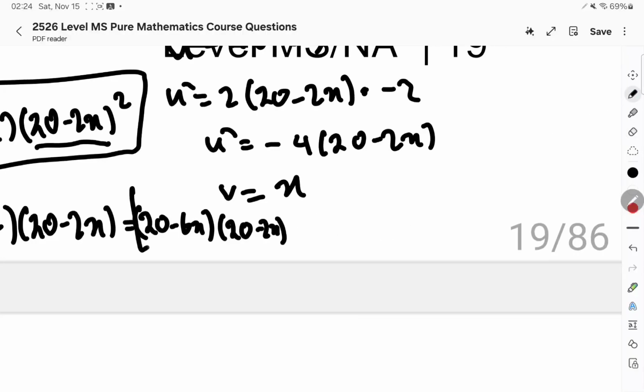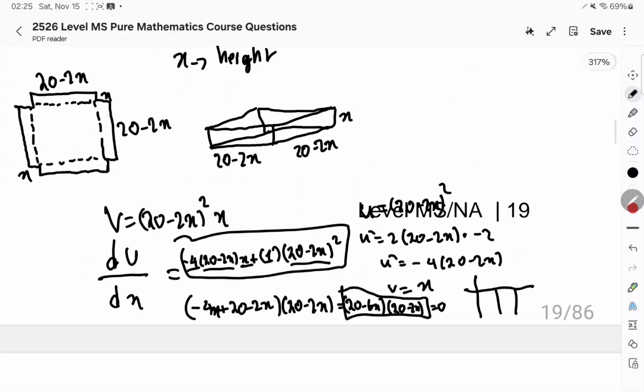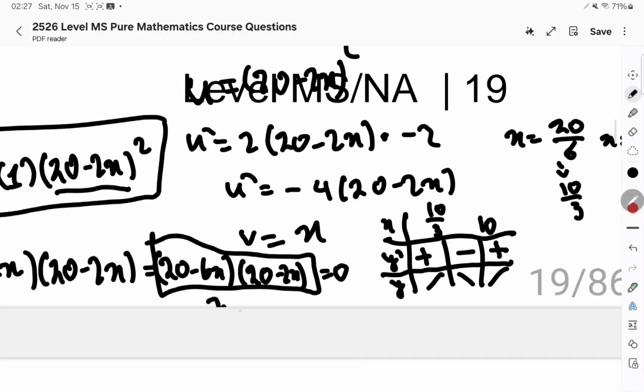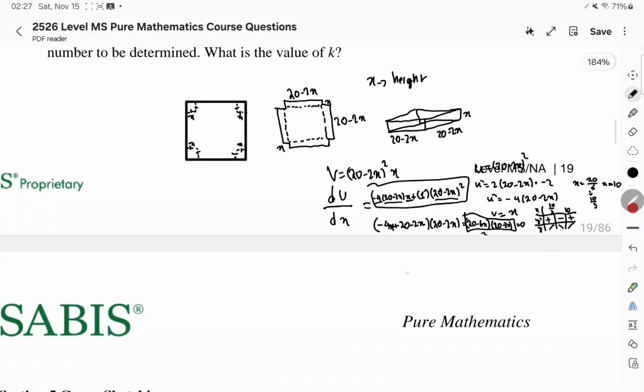Okay, now with this, what you can do is draw the table of variations, which should not take so long. First I set it equal to 0. What are the possible values of x? Okay, so I drew the table of variations. First I got the x values over here, with 20 minus 6x and 20 minus 2x for dv over dx.